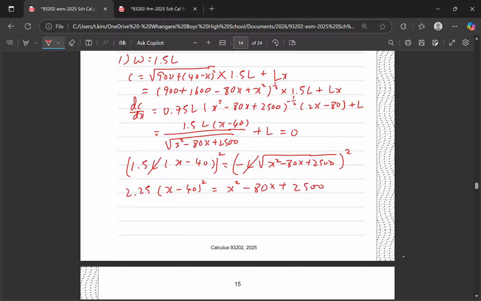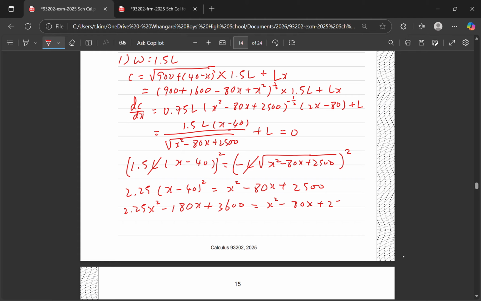Now when I expand and multiply by 2.25, it becomes 2.25 x squared minus 80x times 2.25 gives me 180x, and then 1,600 times 2.25 is 3,600, and the right hand side is the same.